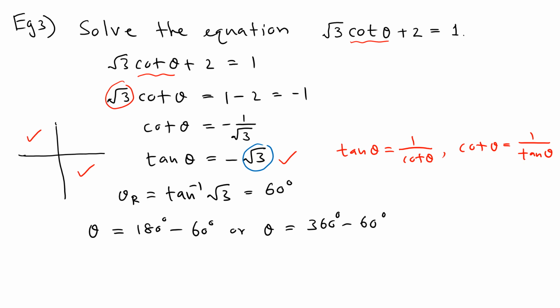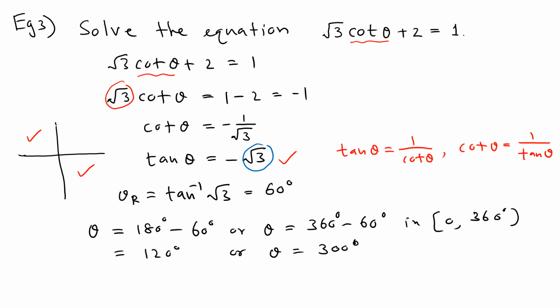That's the reference angle, so we subtract the reference angle in this case. This is in the interval 0 to 360. If you simplify, you get 120 here, and then you get theta equal 300 as the two angles.